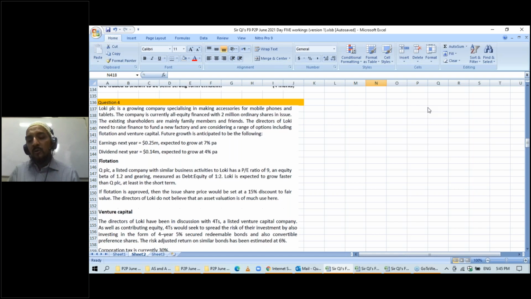Remember, own figure rule means that if the first figure gets wrong, then the examiner will mark the rest of the question portion, the 90% of the steps coming afterwards, on your own figure basis. So if it is calculated correctly and presented step by step, you will get the remaining marks. You will be just penalized for one mistake which you did in the beginning. So that's very important that you make the workings properly.